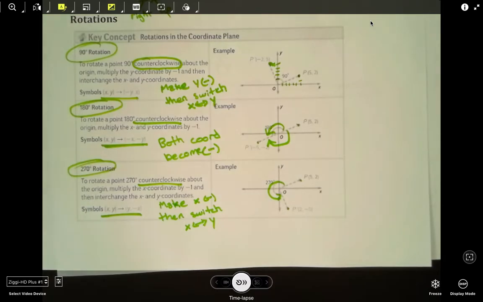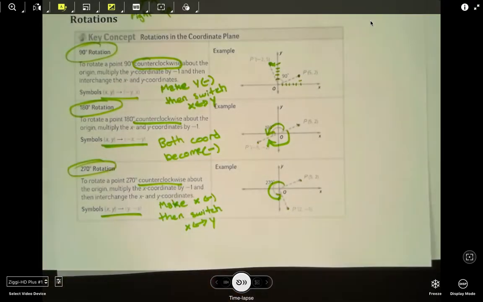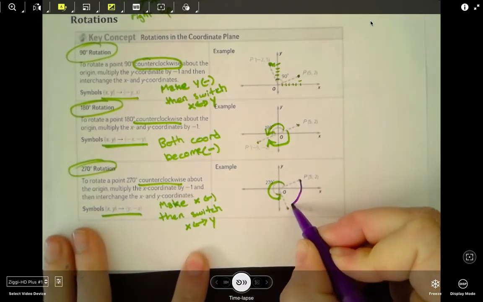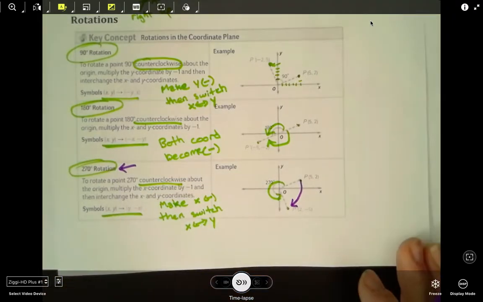Now, what happens if they ask you 90 degrees clockwise instead of 90 degrees counterclockwise? What do you do then? We wouldn't have a rule for that. 90 degrees clockwise is going to be the same thing as 270 degrees counterclockwise.